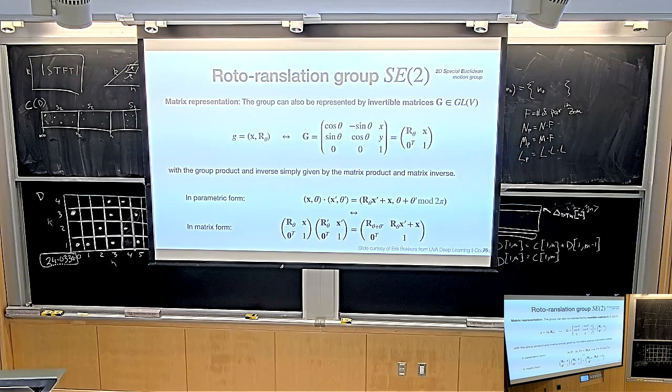But in the group, for instance, what is the identity element? The identity element is translation 0 and angle 0. So it's actually just 3 numbers, which are all 0. And then the inverse element: if I give you this tuple of 3 numbers, 2 of which are the translation and 1 of which is the rotation angle, then it's just the negative of the translation and a rotation by the negative angle.